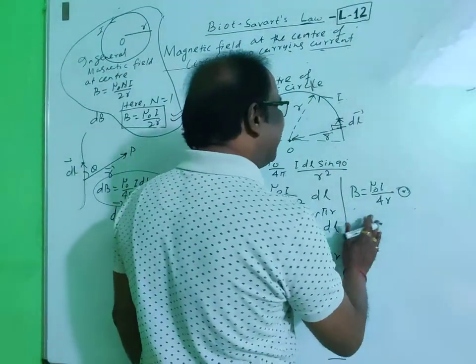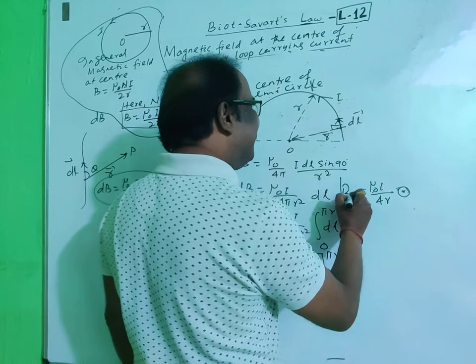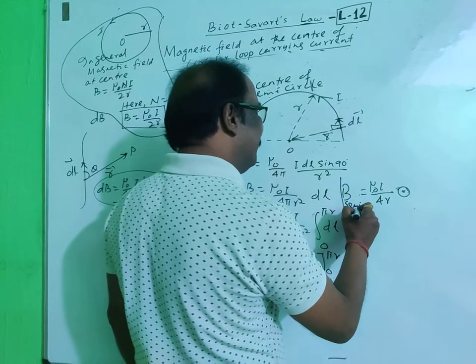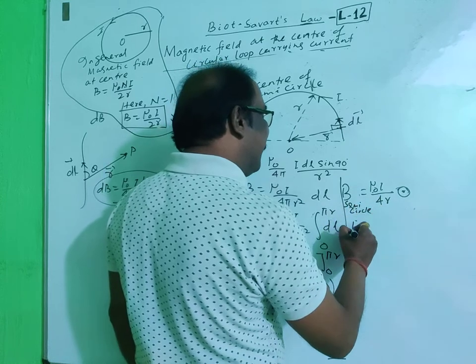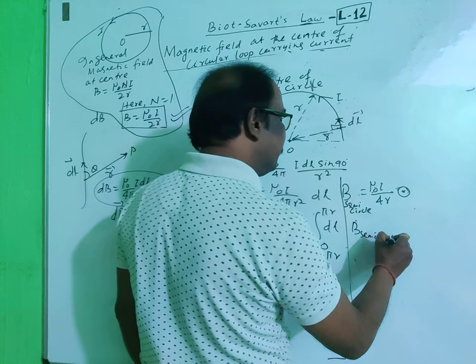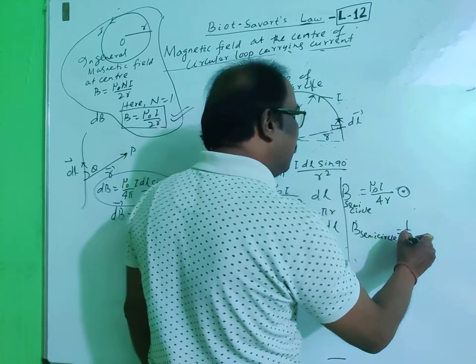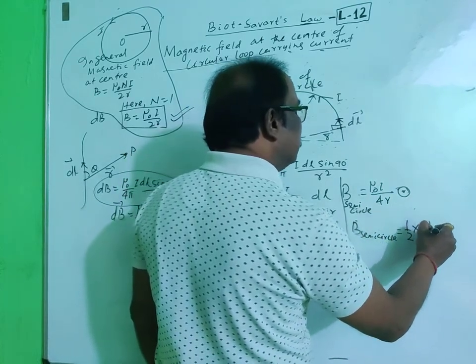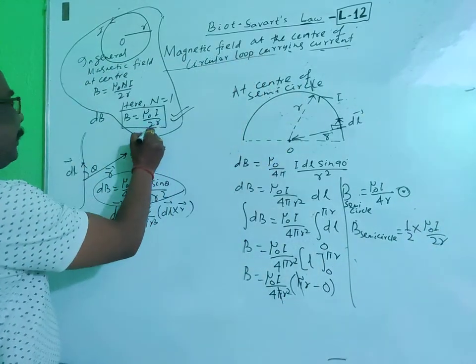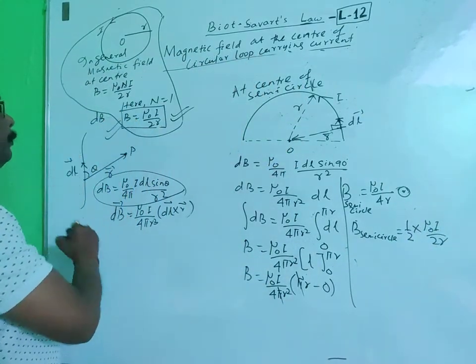So this is the magnetic field due to a semicircle, equal to 1 by 2 into mu naught I by 2r. But mu naught I by 2r is the magnetic field due to a circle.